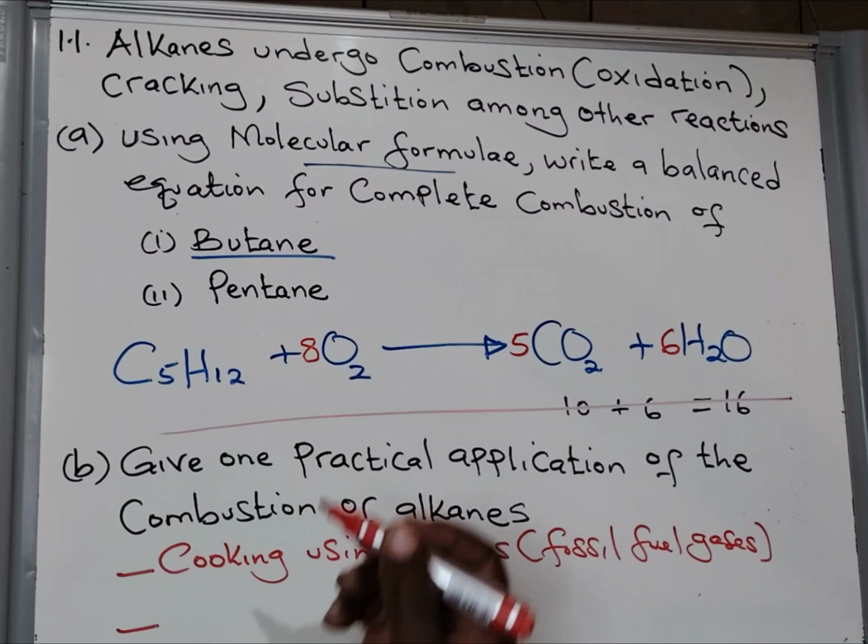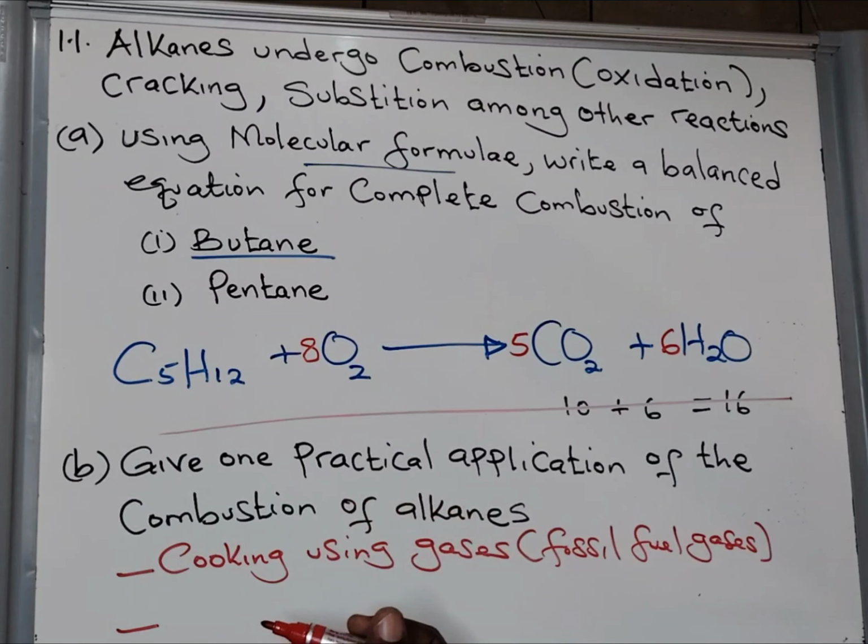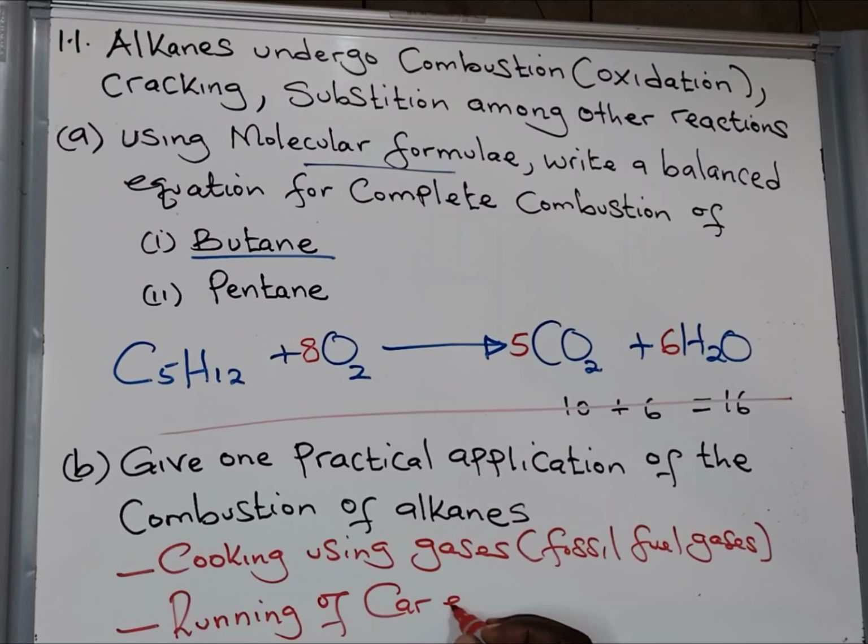Or another area where we see combustion of alkanes taking place is running of car engines. The fuel which we use in our car, in our motor vehicles, is usually fossil fuels or hydrocarbons.